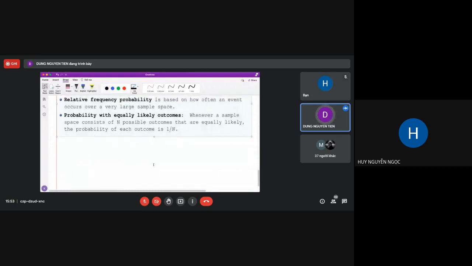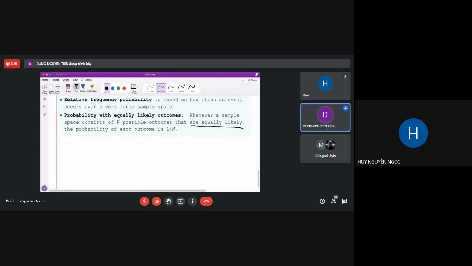Just like you roll a die, the chance to get one number is 1 over 6 because you have 6 options. But you really need this assumption. They must have an equally likely chance to occur. However, that is not really practical in reality.